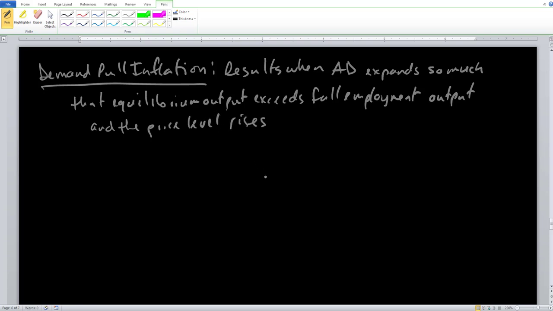So once again, demand pull inflation is going to result when aggregate demand expands so much that equilibrium output exceeds full employment output and the price level rises.